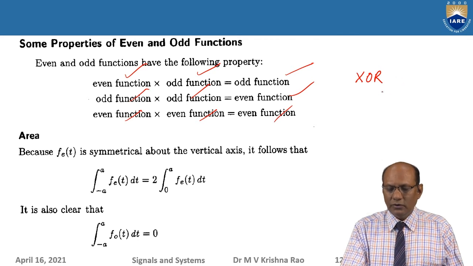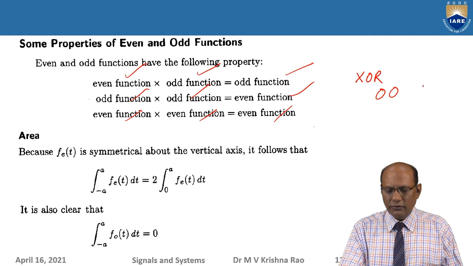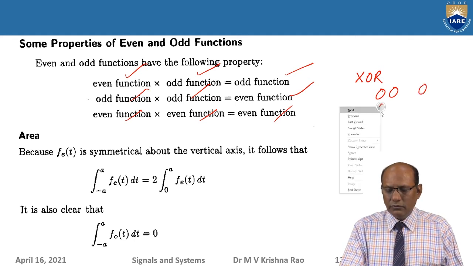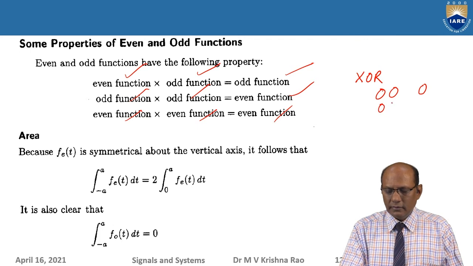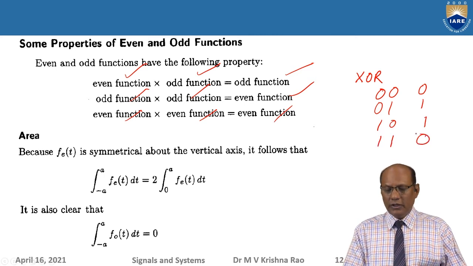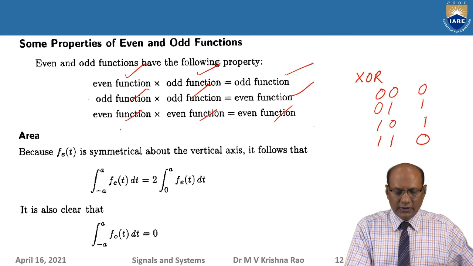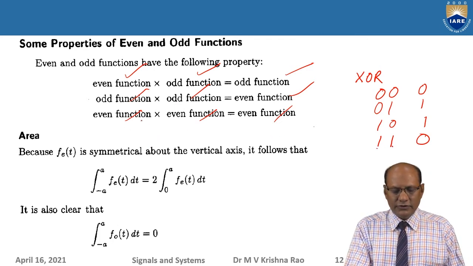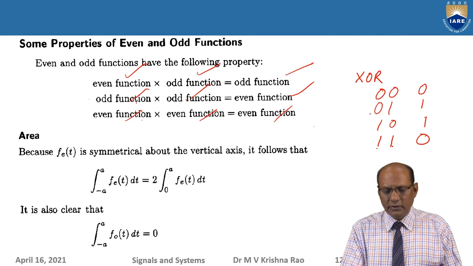If I have 0, 0, I have 0. I have 0, 1, I have 1. I have 1, 0, I have 1. I have 1, 1 also, it is 0. Okay. 1, 1 means even, even. 0, 0 means odd.